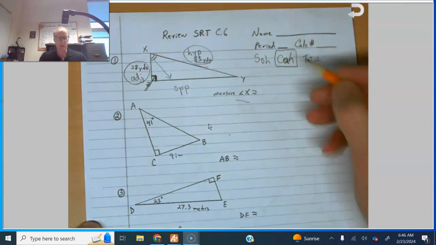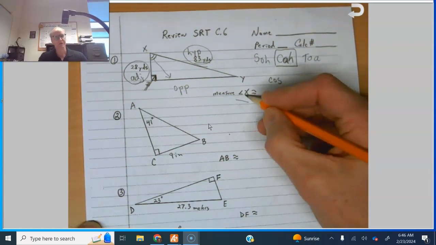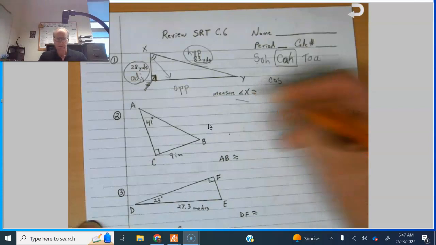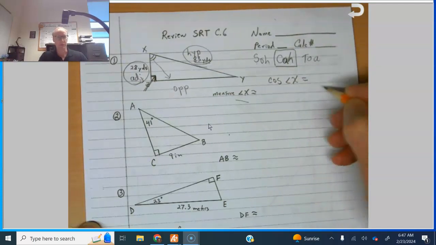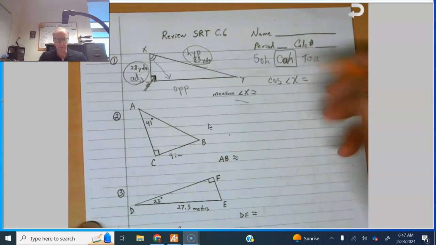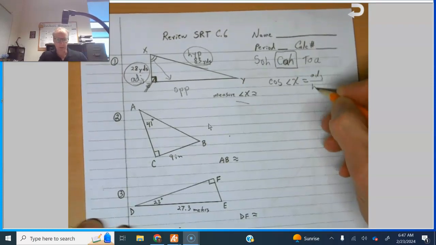So I'm going to write out cosine of angle x. Sine, cosine, and tangent depend on a reference angle, so you need to really write them with an angle with them. Cosine of angle x is equal to the adjacent over the hypotenuse. That's what this says. Cosine is adjacent over hypotenuse.